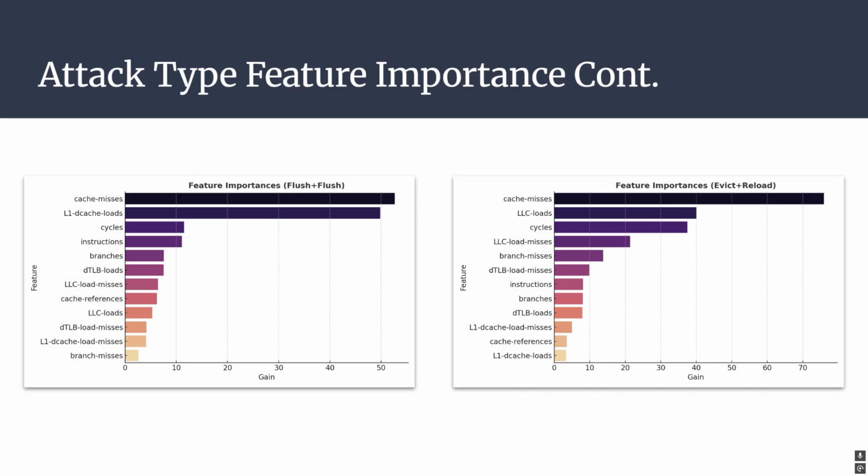Branch misses and DTLB load misses also contribute, pointing to heavy memory access footprints of the reload phase. In both cases, we see that even attacks designed to be stealthy, such as Flush Flush, still disturb the hardware in detectable ways, though the feature signatures differ significantly.